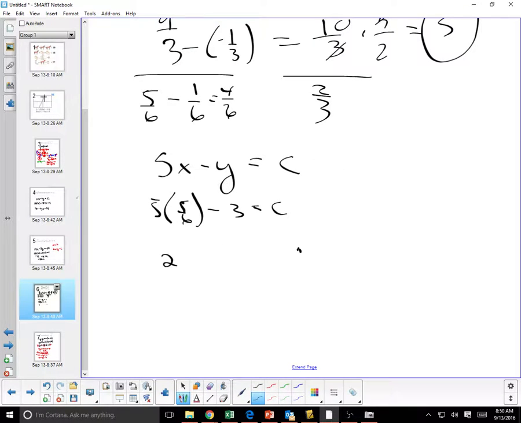So that's 25/6 minus, what's 6 times 3? 18. 25 minus 18 is 7. So c should be 7/6.